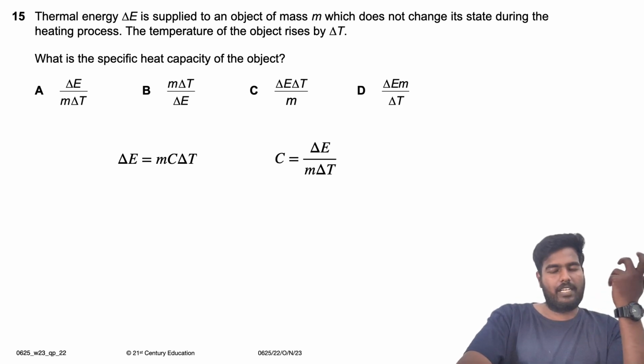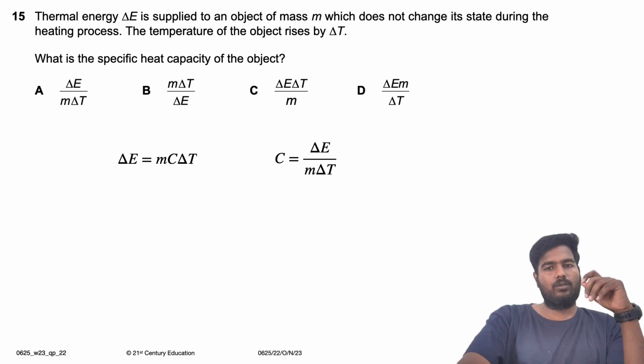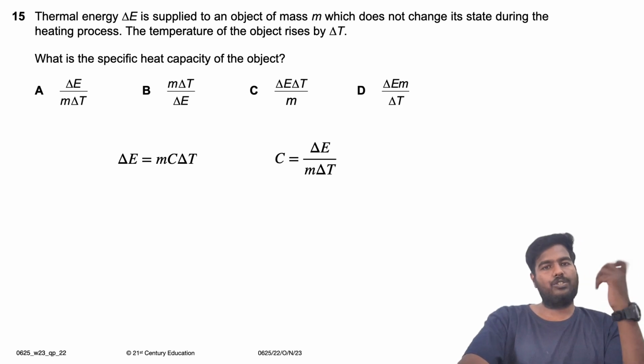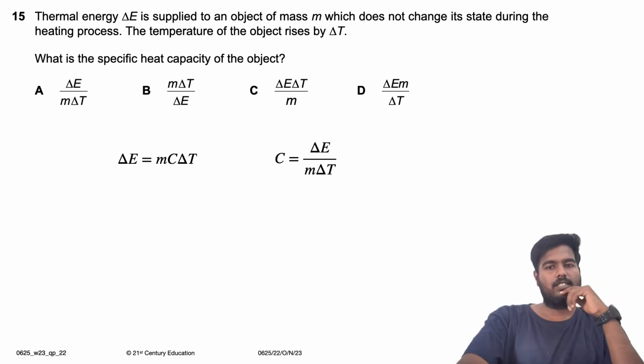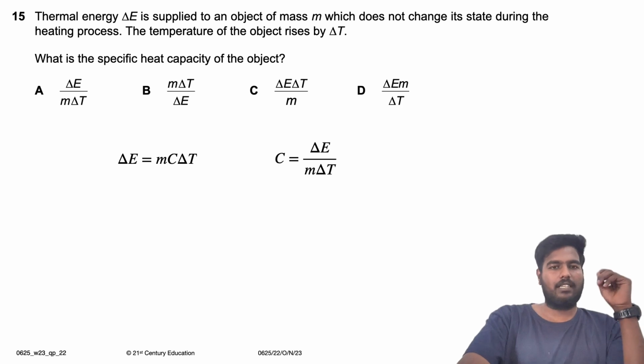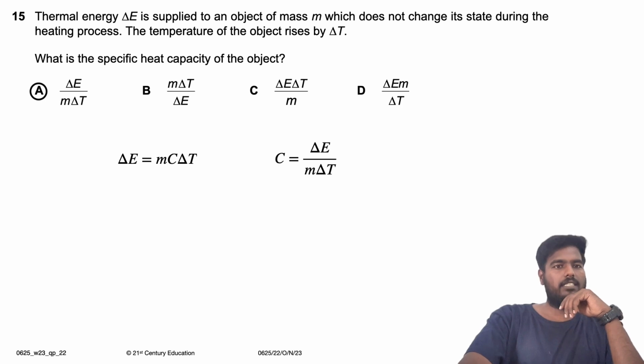So what is specific heat capacity? The energy required to increase the temperature of unit mass by one degree. So that's the specific heat capacity of a material. So in general, it is the ratio of increase in energy to increase in temperature, with the mass of that object. If we rewrite this equation, we get C equals delta E by m delta theta. Yes, A is the right answer.